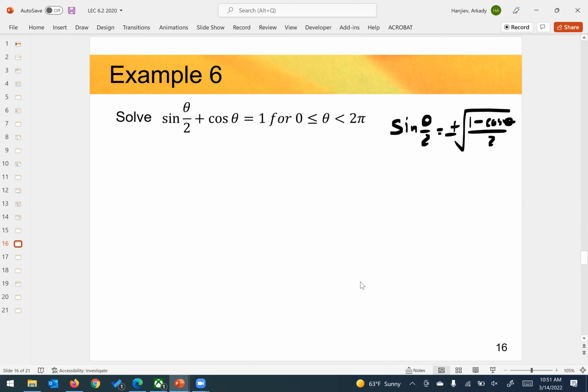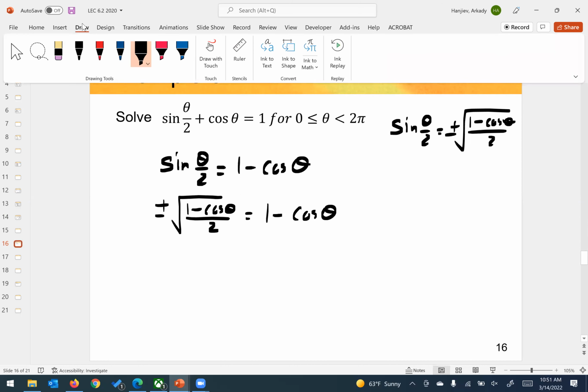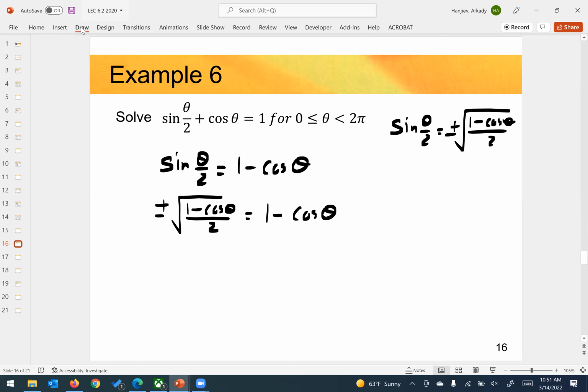I'm going to subtract that first, just to get it over to the other side. We can square. Oh, wait, it has cosine in it. It's not sine anymore. We still have the square root thing because we still have that square root to undo. So that's the reason why we square this time.